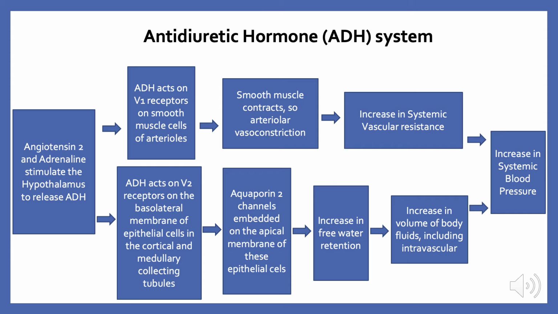And by increasing the intravascular volume, yes, you are increasing the amount of blood in the arteries going to the organs, but you are also increasing the volume of blood inside the heart and inside the veins, so you are exaggerating and therefore worsening the pulmonary edema as well as the systemic edema.